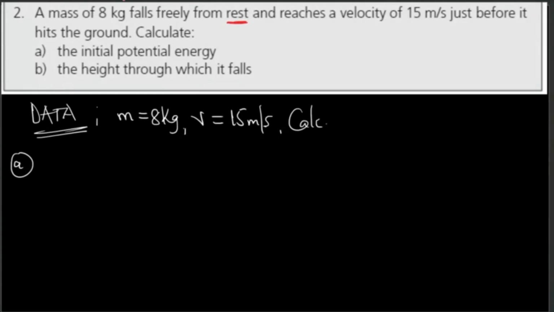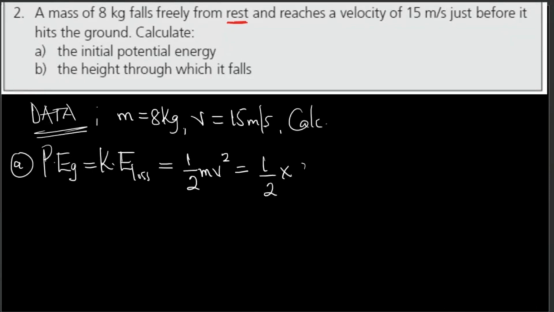So if you are being asked to calculate the initial potential energy, you are going to write it as gain in potential energy equals loss in kinetic energy, which is going to be equal to half what? Half mv squared. So this is 1 over 2 multiplied by 8 multiplied by 15 squared. 900 joules.